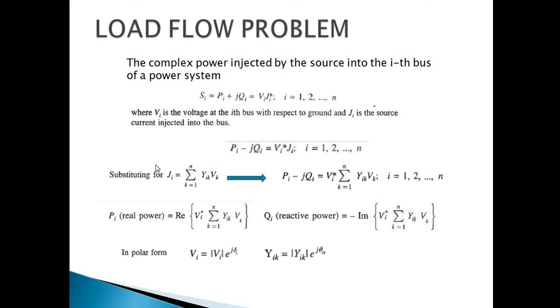But since we are replacing J with a different equation, rather than making the equation complicated, we use V star into J, and we write the equation as P minus jQ. So P minus jQ equals V star into the summation obtained from this equation.